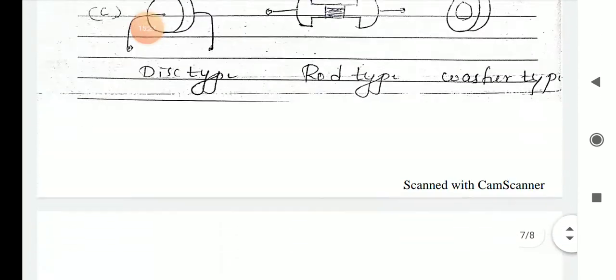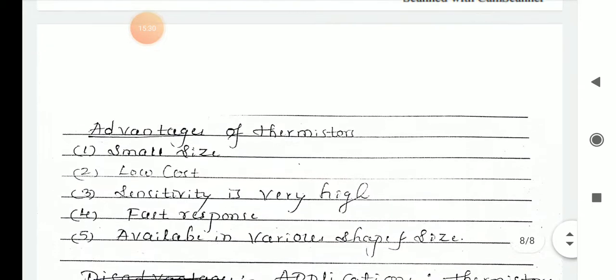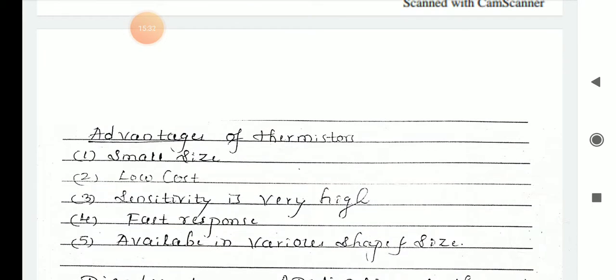Okay, so first we will discuss the construction and working of this thermistor based on size and shape. Thermistors are composed of a mixture of semiconductor metal oxides such as nickel, cobalt, iron, manganese, copper and uranium. These are the metals you are going to use for semiconductor metal oxides.